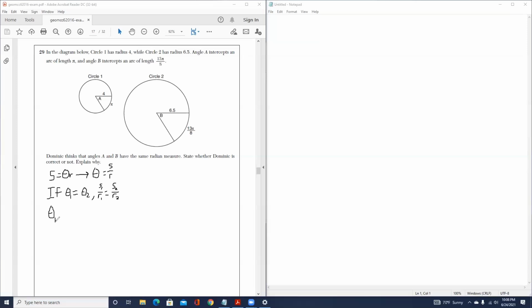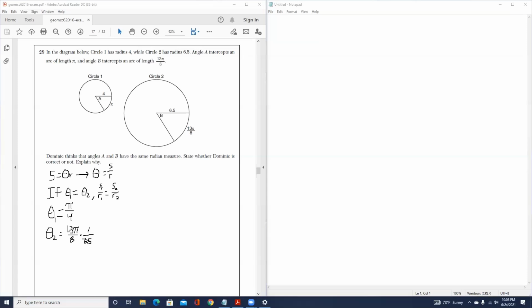That theta 1, just plugging it in, is equal to S1, which is pi, over R1, which is 4. And theta 2 equals 13 pi over 8, divided by 6.5, which, remember, dividing a fraction is the same as multiplying by its reciprocal.